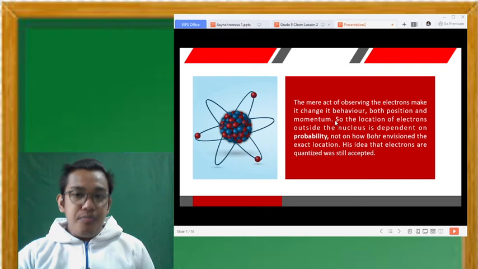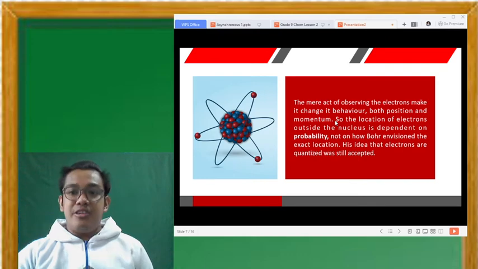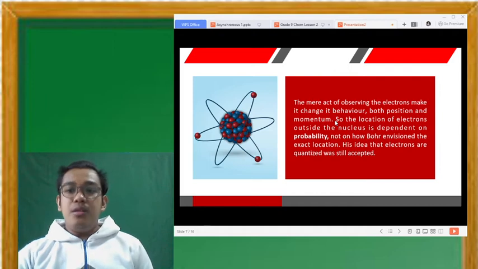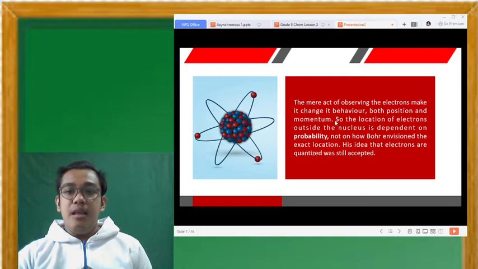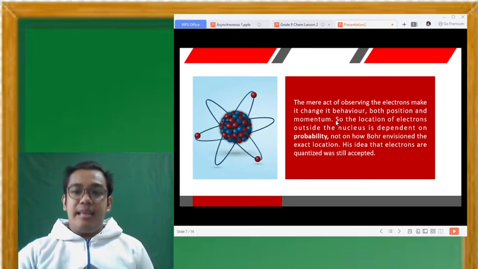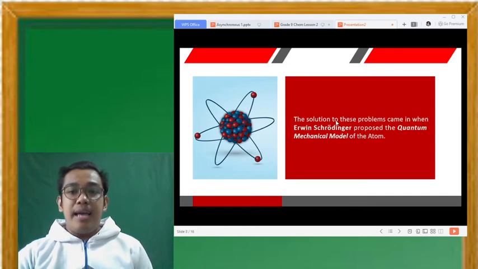The mere act of observing the electrons changes their behavior, both position and momentum. So the location of electrons outside the nucleus depends on probability, not on how Bohr envisioned the exact location. His idea that electrons are quantized was still accepted.